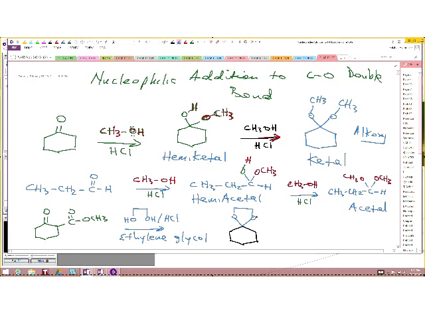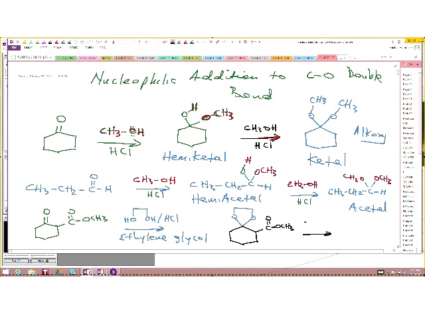So we form the cyclic ketal. Now, if at this point we want to reduce this extra functionality into an alcohol, we could do that now that we have protected the carbonyl right here.